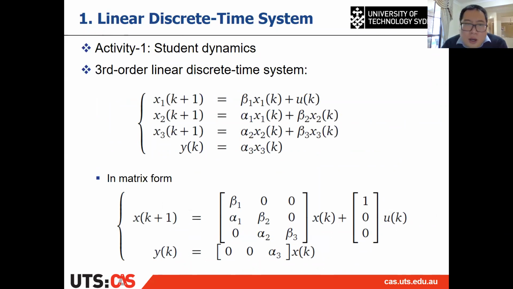So I need to find the relationship between x_1^(k+1) and x^k, x_2^(k+1), and x_3^(k+1) is equal to a linear equation of x_1, x_2, and x_3, something like that, right? So if we consider x_1^(k+1), the number of students in academic year 1 in next year is equal to, there are two parts.